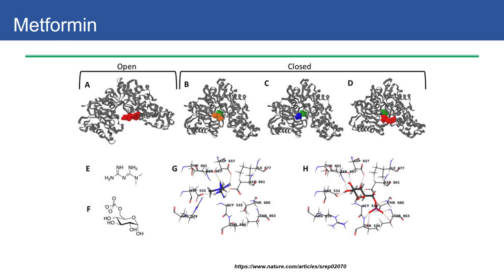And D is the closed conformation of hexokinase in complex with glucose and ATP, and magnesium is highlighted as well. Then you have the chemical structure of metformin. Metformin is an extremely common drug, and is used for all kinds of metabolic indications.